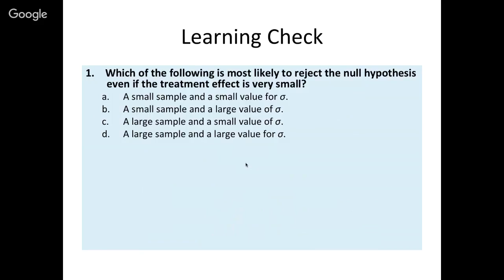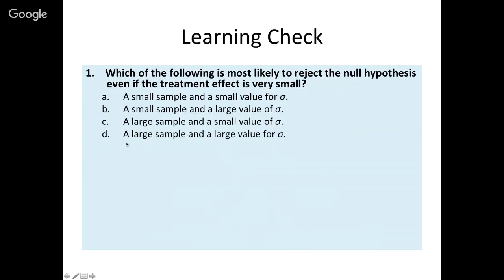Right, let's do some learning checks. Which of the following is most likely to reject the null, even if the treatment effect is very small? Very small means we have a very small effect size, right? So we said hypothesis testing is influenced by two factors. One is the variability. Another one is the sample size.